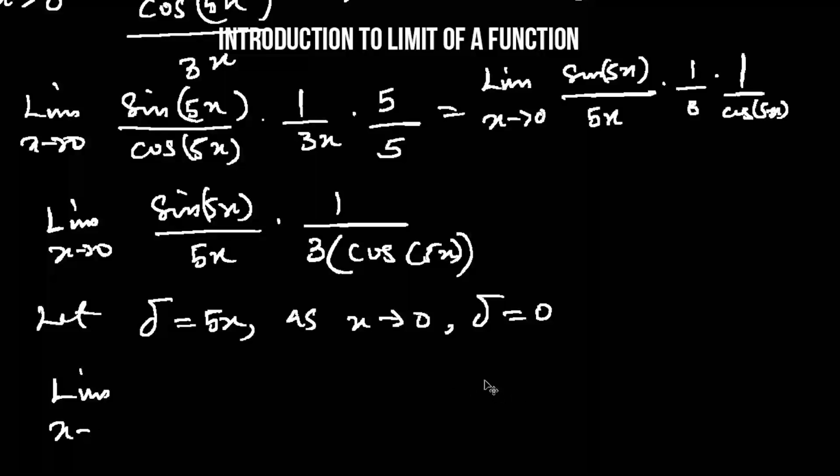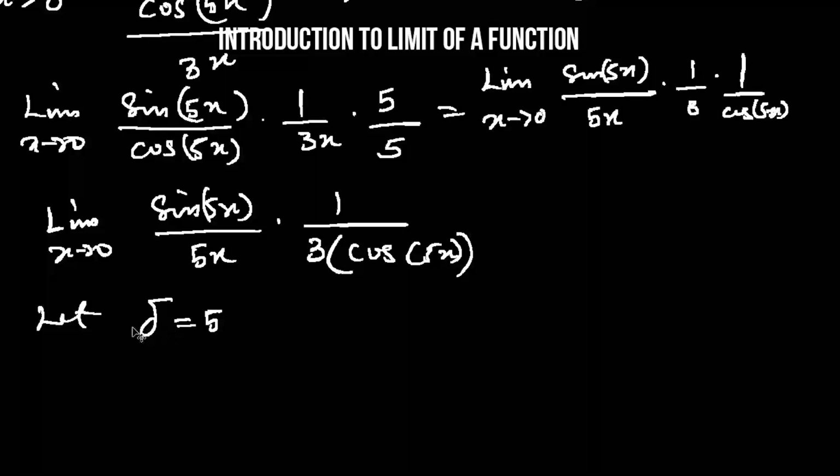Or before I do that, let me make it better, because mathematically I shouldn't do what is not mathematically correct. So the limit as x tends to 0 of... if you remember the properties of limits, the limit of a product is the product of the limits.